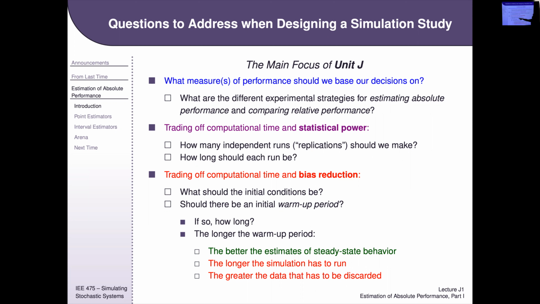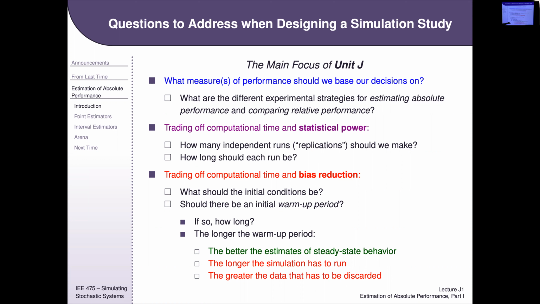And then the other thing, trading off computational time and bias reduction. We'll learn that there are certain simulations that introduce a term called bias that we're going to define. To get rid of that bias, you can run the simulations for a certain amount of time where you don't take any data from them. You just let them go through a process that manages to reduce that bias.